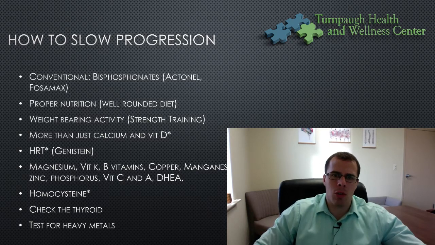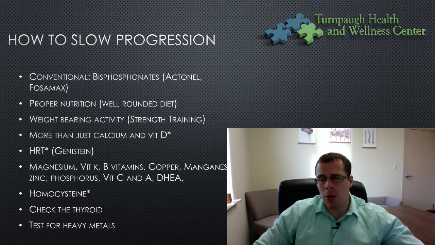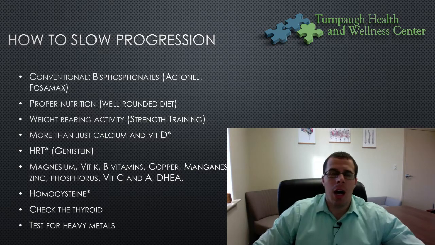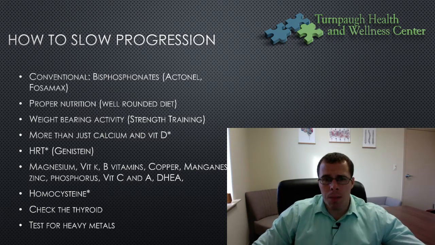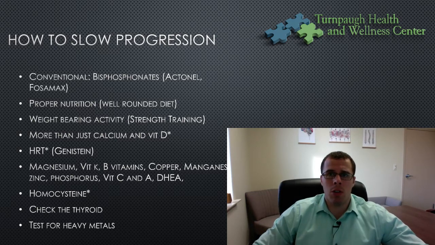Again, going back to my gold standard is a good paleo diet, keeping the carbohydrates low, adequate amount of protein, adequate amount of fat, and then we're getting our carbohydrates from good vegetable sources, which are going to be high in a lot of these trace elements and other supplements that I'm going to be talking about in just a minute here.